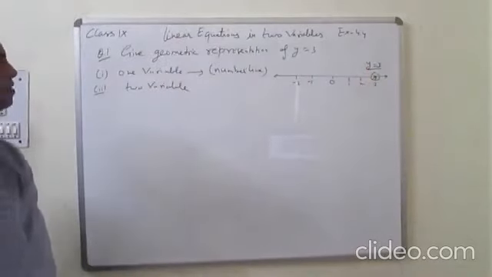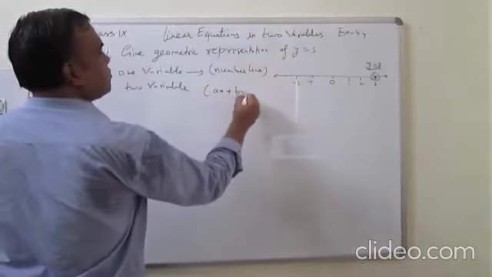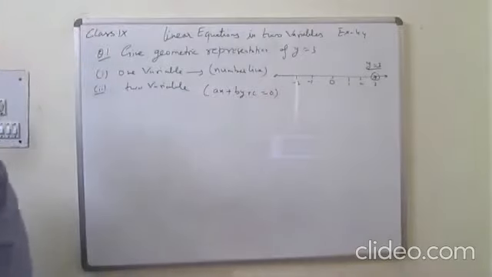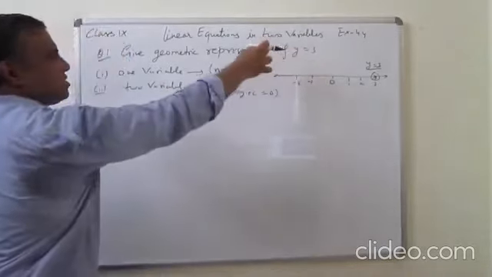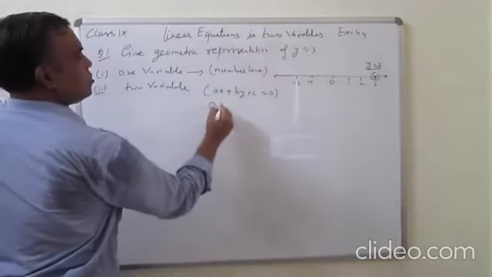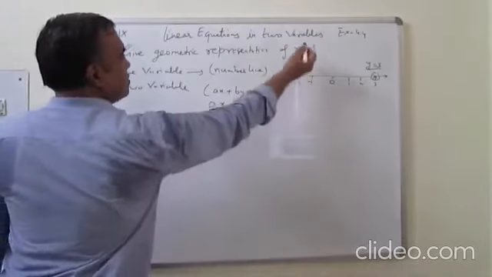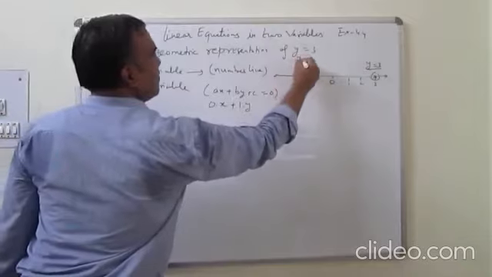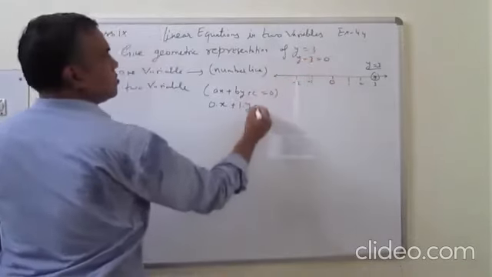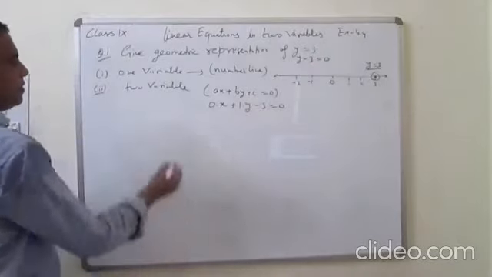Now in two variables we have to write it in this form, ax plus by plus c is equal to 0, and draw a Cartesian plane. Here x is not there, so we write 0 into x, the coefficient of y is 1y, and c is 3. When you transpose it, you write minus 3, so y minus 3 is equal to 0. Now plot it.